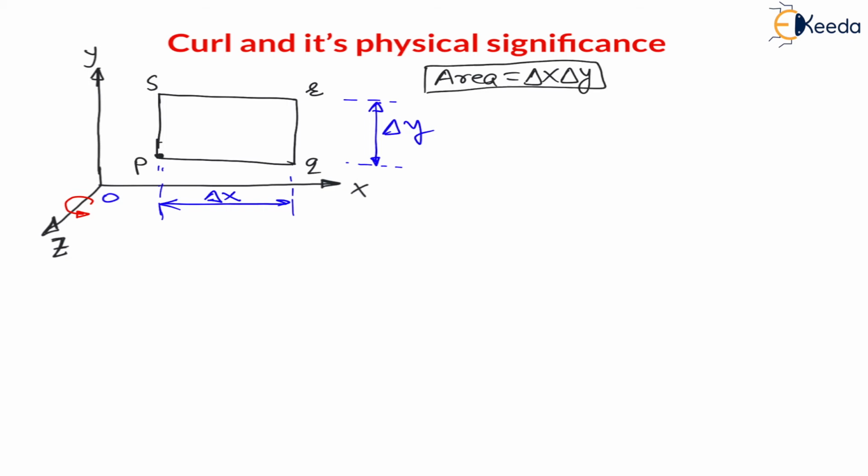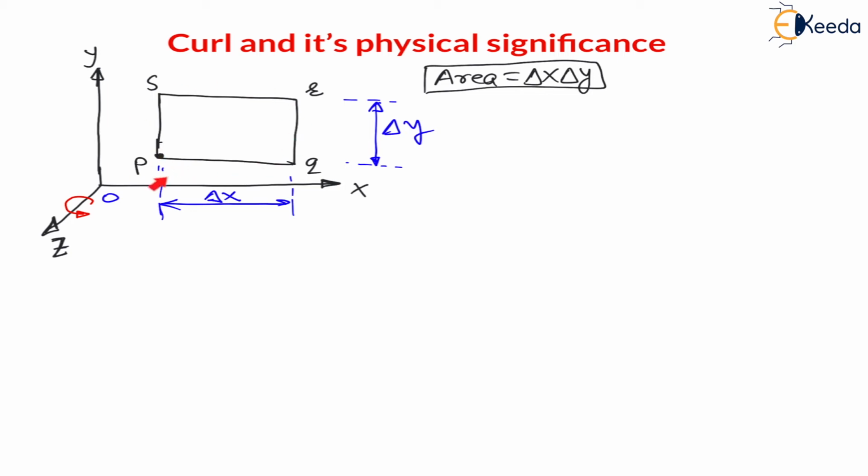Because while defining curl, we have already defined that curl is nothing but the maximum circulation per unit area. So we will find maximum circulation per unit area. For maximum circulation, the direction of the field and the differential line element dl is the same, right?